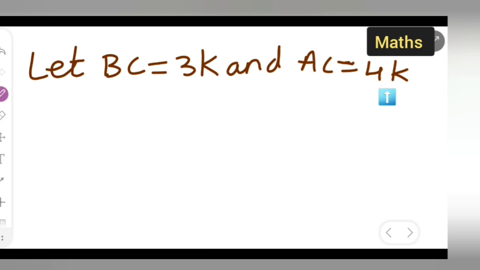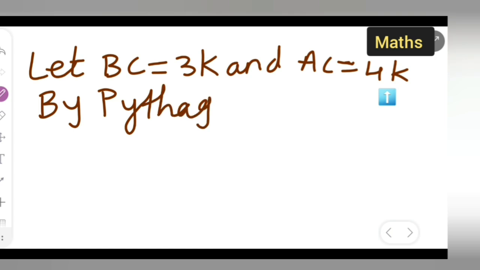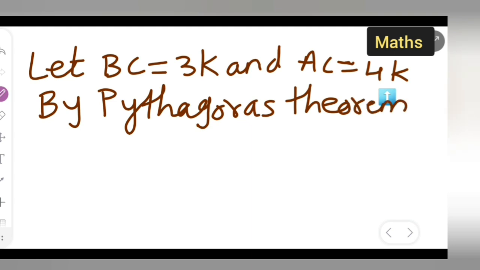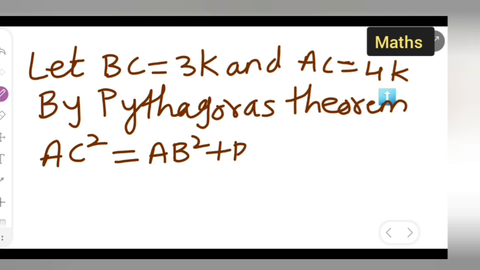So write down, by Pythagoras theorem, we are applying this to triangle ABC. So AC square is equal to AB square plus BC square.